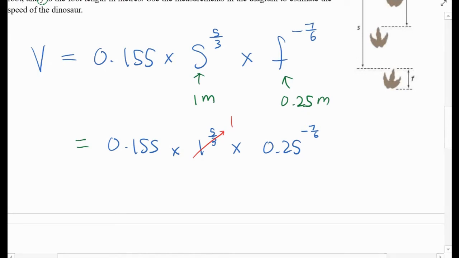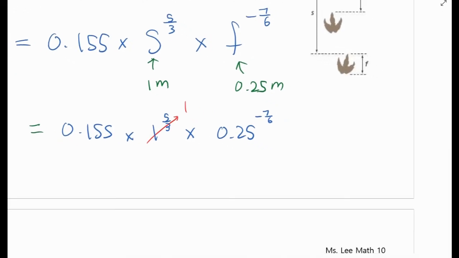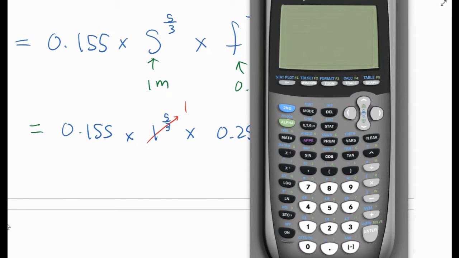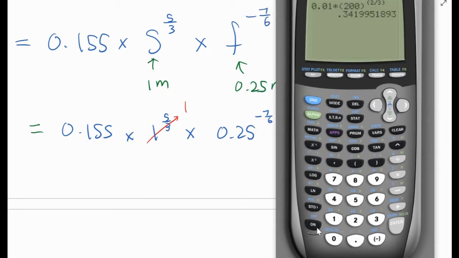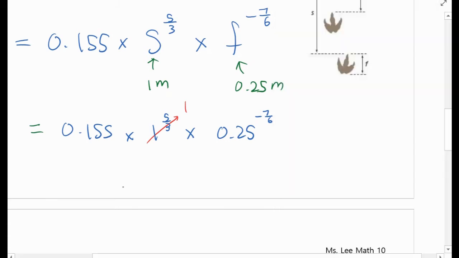And let's put this into the calculator. Let's enter this into the calculator. Okay, 0.155 times 0.25 to the power of bracket negative 7 over 6. So that is 0.781.